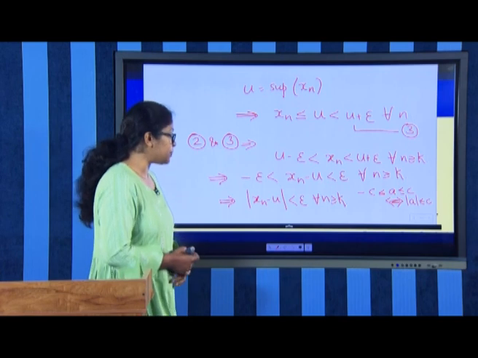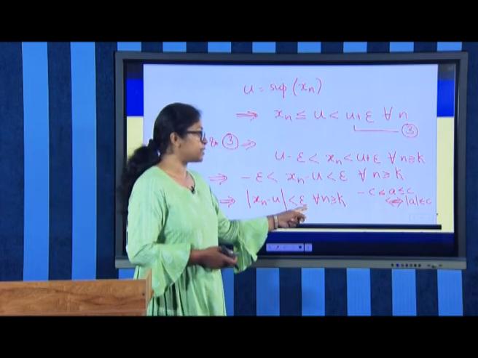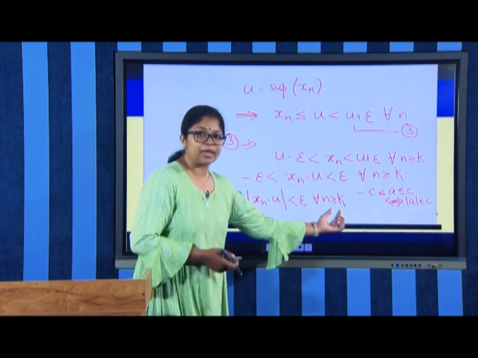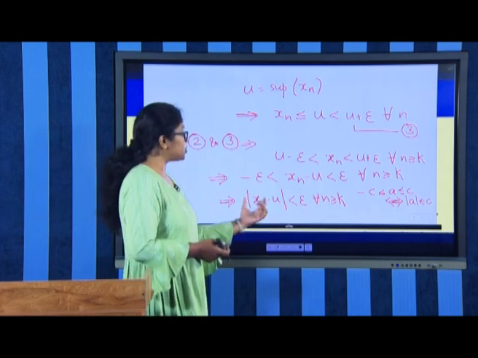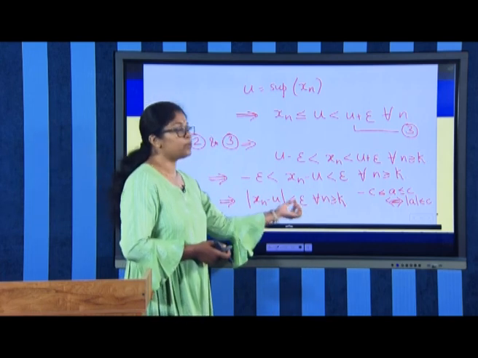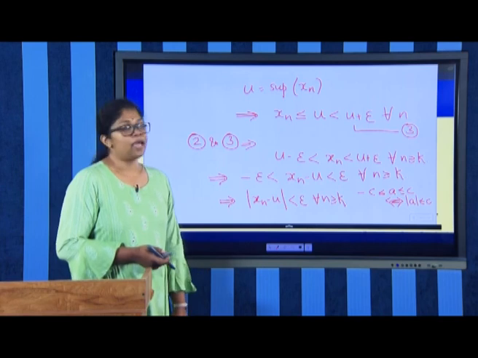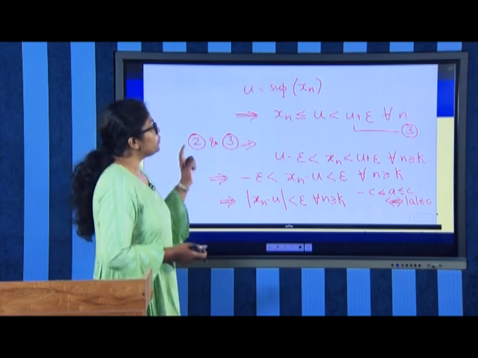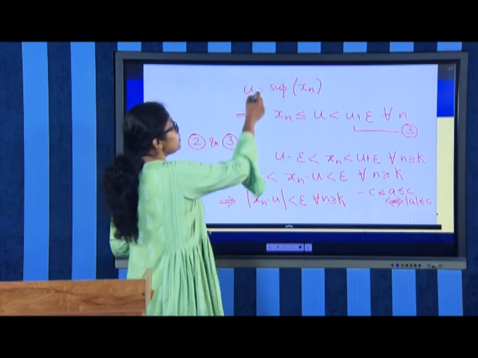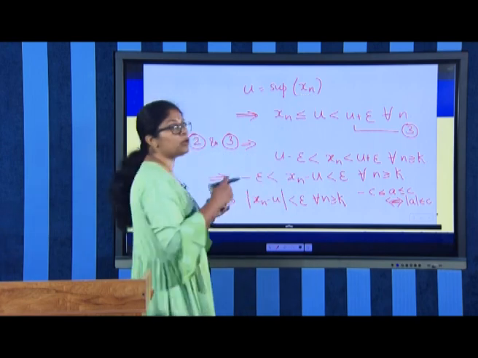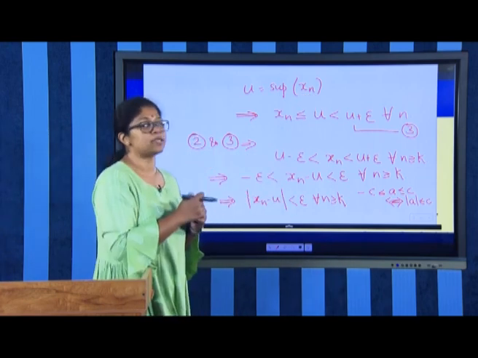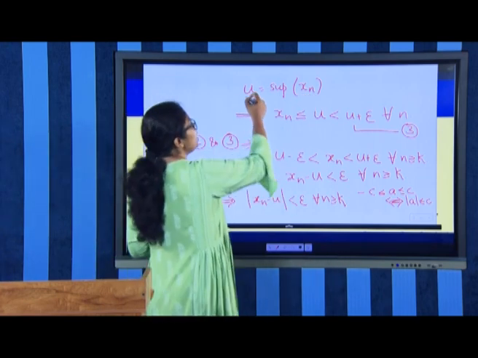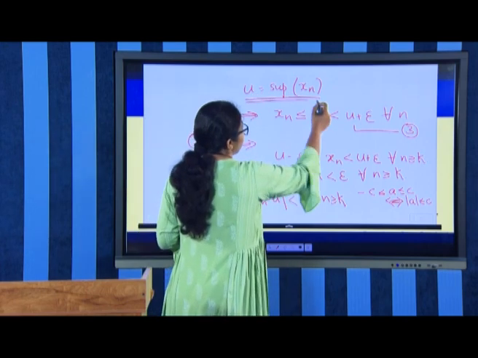So, given an epsilon greater than 0, there exists some natural number k such that modulus of xn minus U is less than epsilon, and that is why the monotonic increasing sequence xn converges to the supremum.